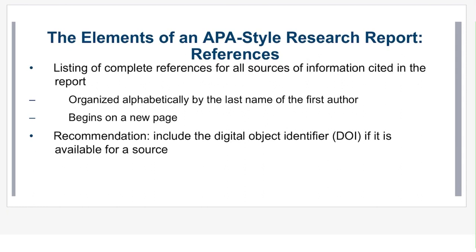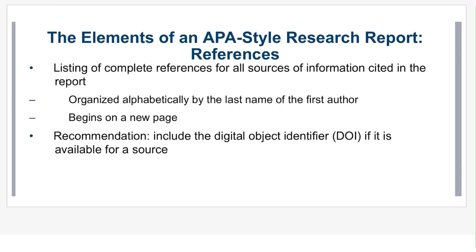And then for another source, it's Baker is the last name, and there's other authors, but Baker's the first one listed. The Baker source or reference listing would be above the Smith, because again, we're going in alphabetical order. B comes before S. You're not listing them in the order that they were cited. A lot of students get confused on that. It is alphabetical order by the last name.